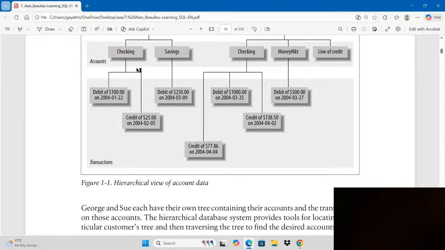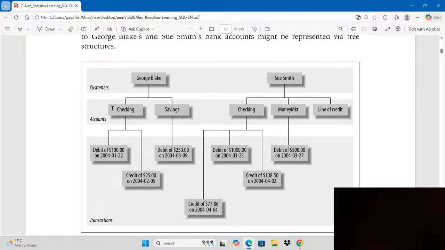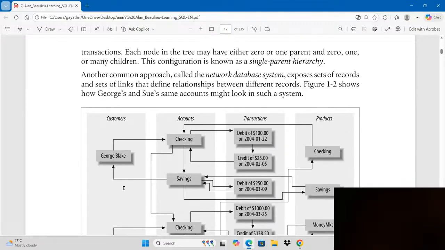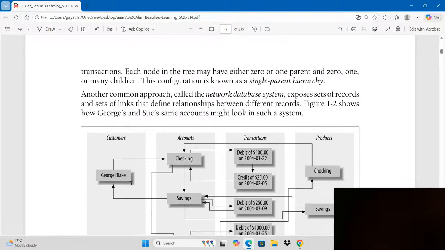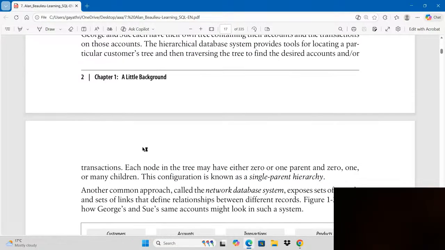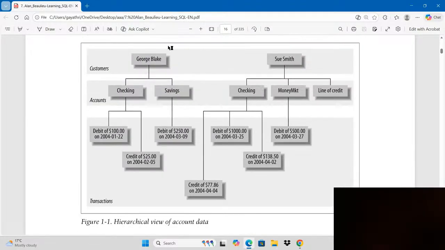So it is represented in a hierarchical way: for each customer, accounts are there and transactions are there. This configuration is known as a single parent hierarchy. Right? This only has a single parent.